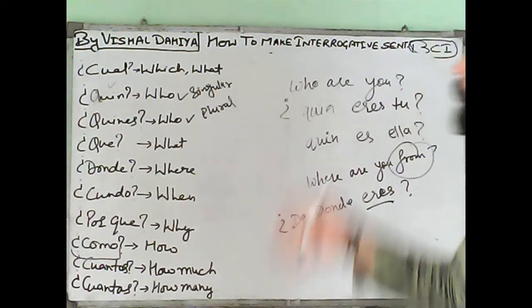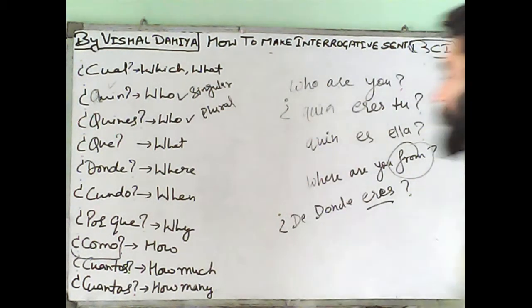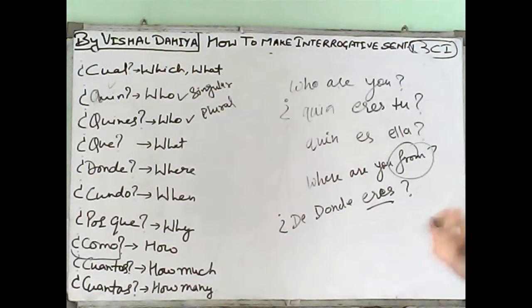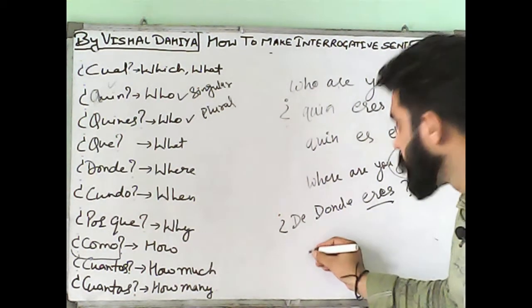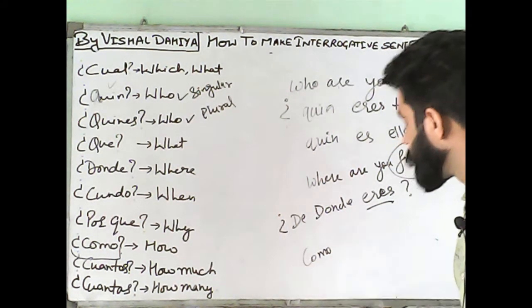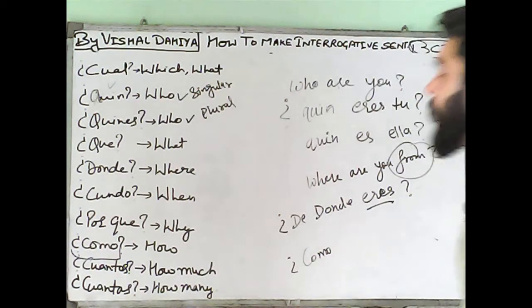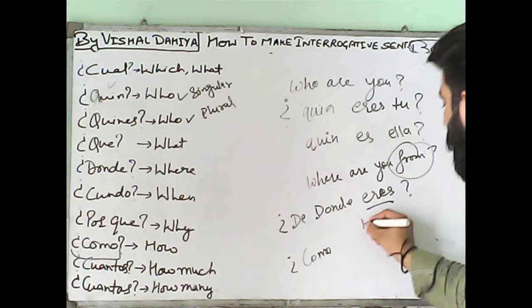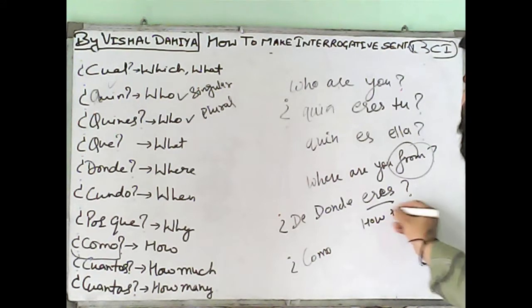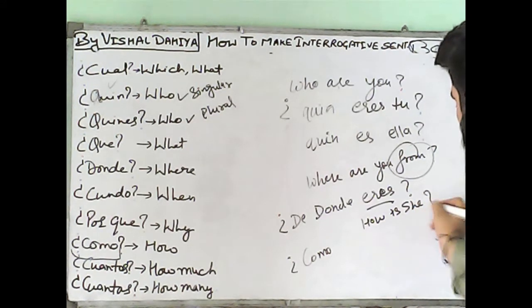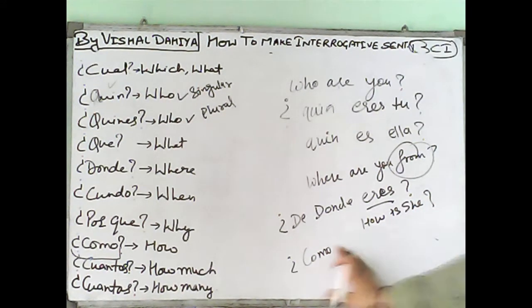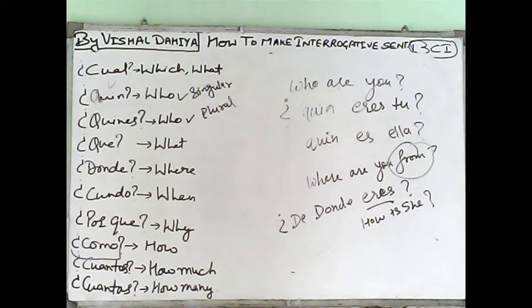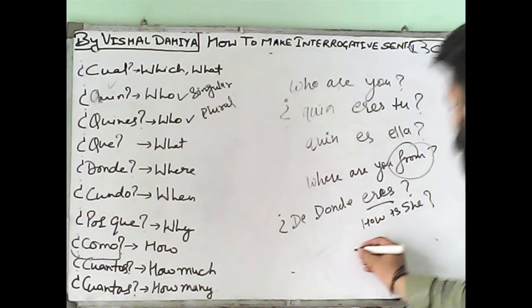So there are so many WH words, as in English as well. So let's use cómo, because I have to show you something as well. Cómo means how. If I want to say how is she, talking about her health condition, I will use the verb estar, its conjugation form.